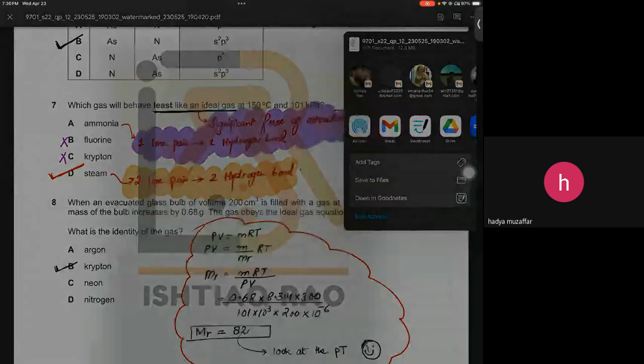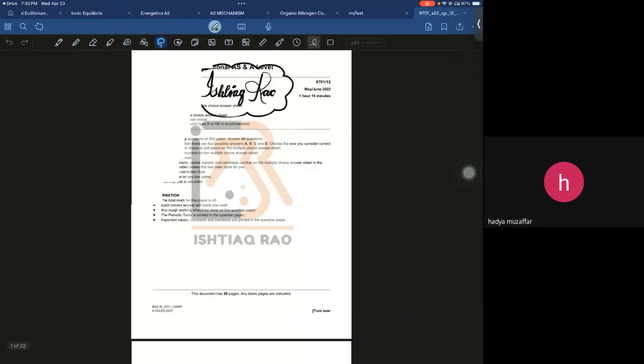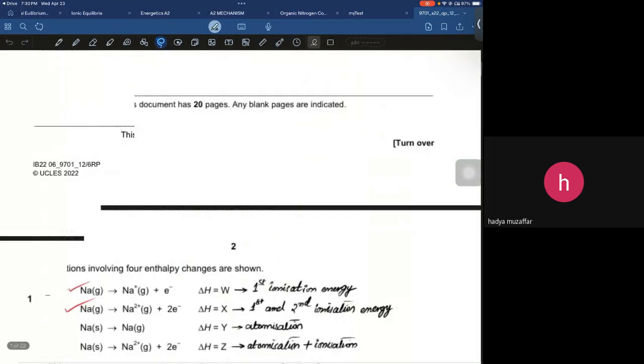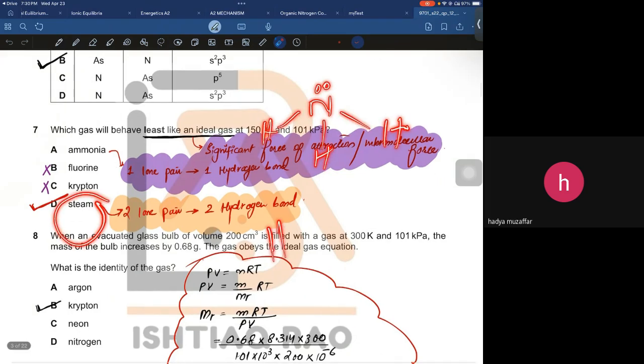A for apple and D for doctor. So in option A, you have ammonia. Ammonia is NH3, and if you draw the dot and cross diagram for ammonia, you will see one lone pair on nitrogen. And if you draw steam, that is water, it's going to have two lone pairs.